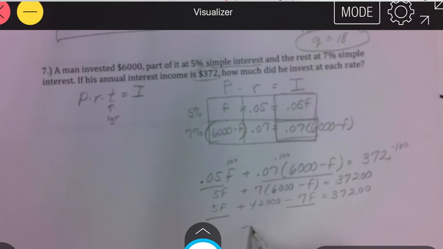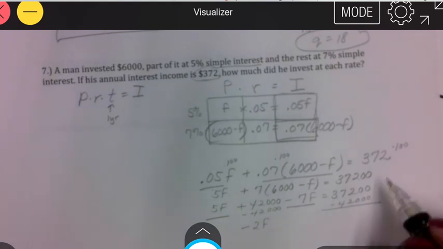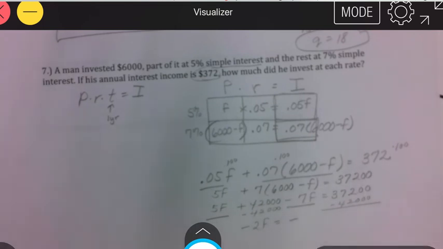This gives me a negative 2F. And then if I subtract 42,000 over, whoops, I should end up, it's a negative 42,000 minus 37,200. I end up with a negative 4,800.